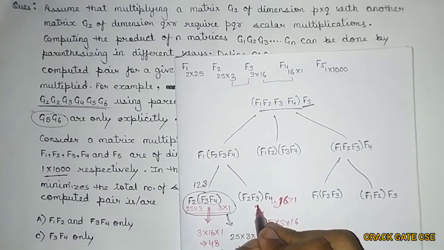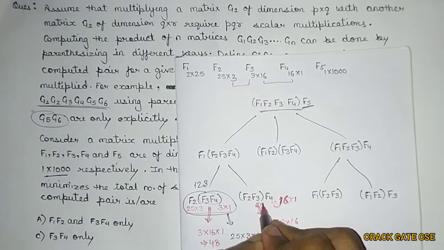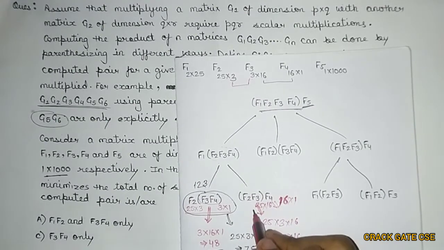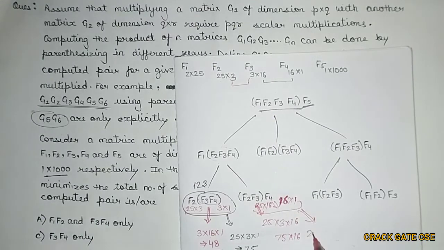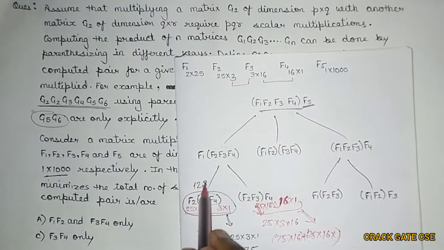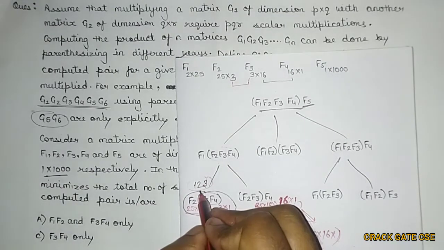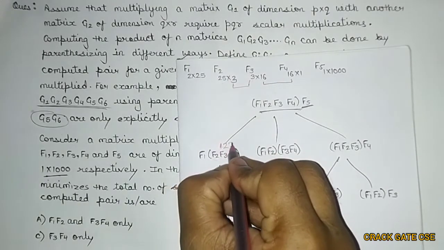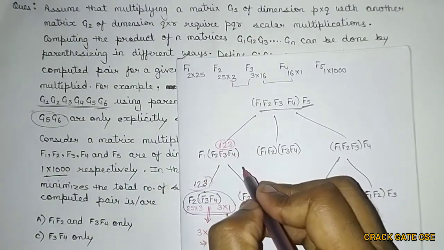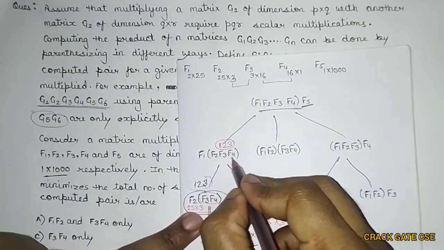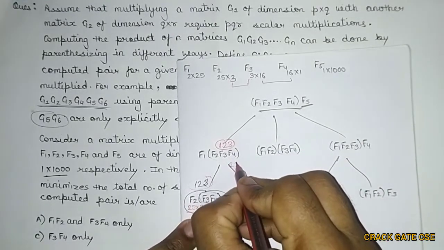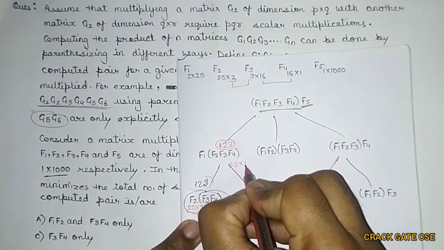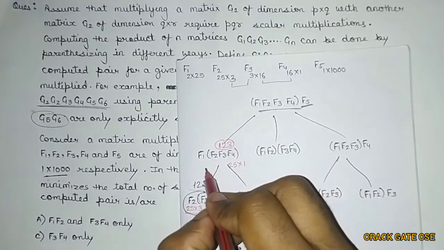And F2 F3 we are having 25 into 16. So if you multiply this, 25 into 16 into 1, and if you add these two, it will be obviously greater than this 123. So 123 is the minimum value, so I am taking 123 over here, and the dimension for F2 F3 F4 is 25 into 1, right?